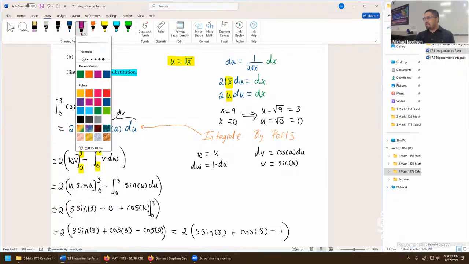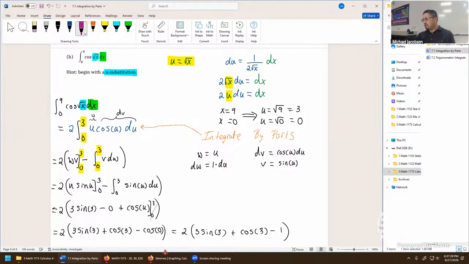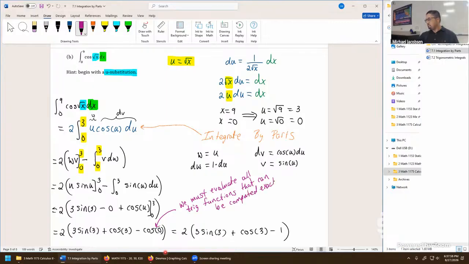And just to reiterate that for the sake of the notes, as a reminder, we must evaluate all trig functions that can be computed exactly on homework and exams.